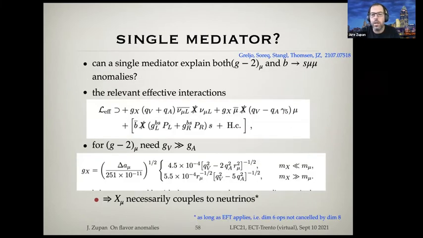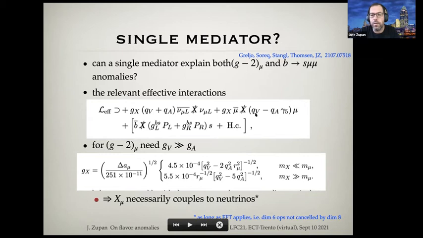All right, so why does this happen? The notation I'll use is the following. I'll just switch on the low energy couplings that are needed for the two observables. So either couplings to muons, the vector and the axial.